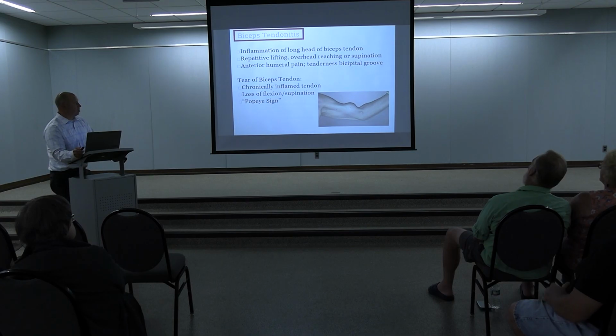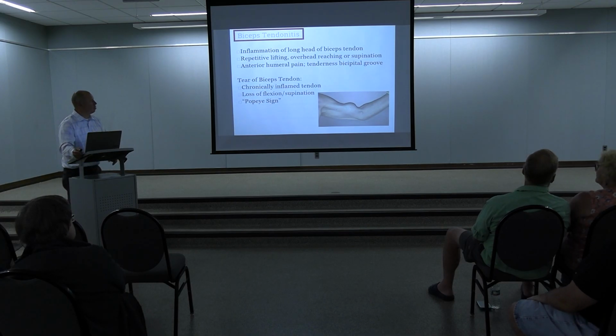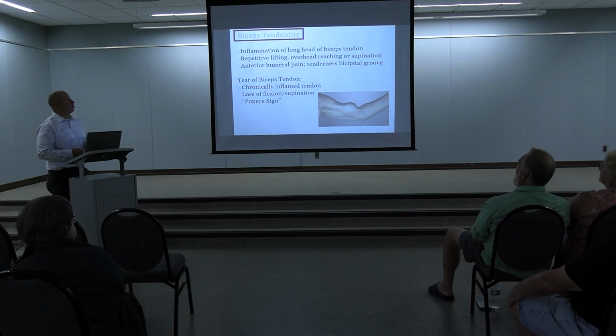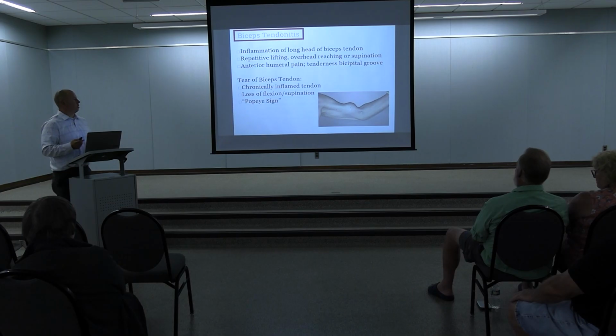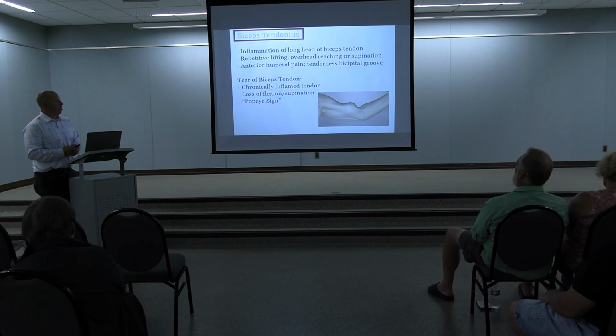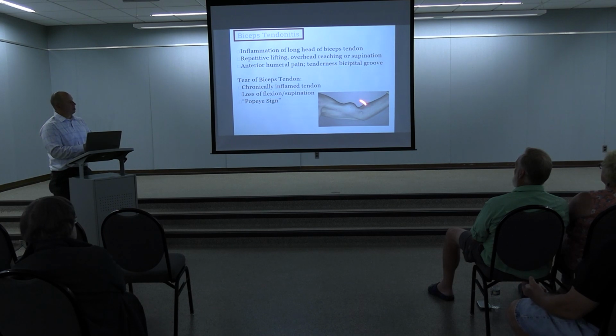Progression of this can lead to an actual tear of the biceps tendon. If it's been chronically inflamed, you get loss of flexion of the elbow or supination, or rotating that forearm outward. And then if it does tear, a lot of times you'll end up with this Popeye sign where you get a ball of the bicep tendon in the arm.